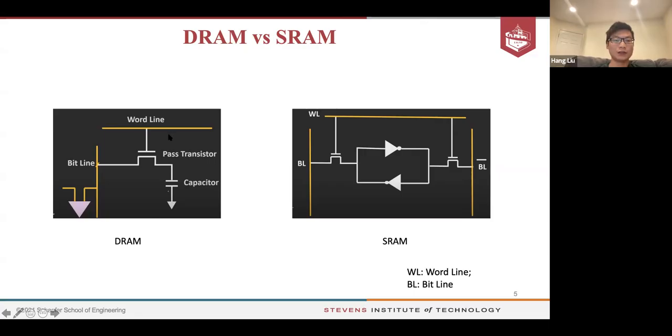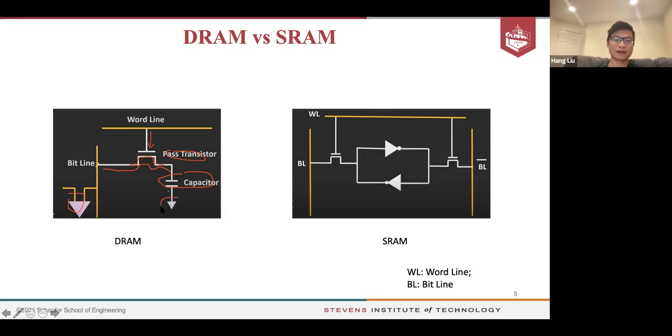That's how it works. The word line is the switch, like the passing transistor here, right? If we give some power here, it will allow this line to be connected. Then whatever was recorded in the capacitor can be passed to the bit line, which we can read as data, and then we have the amplifier here to make the signal stronger, so we can easily decide what the value is.